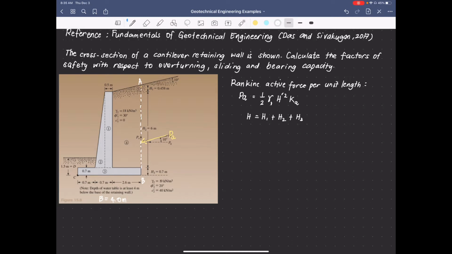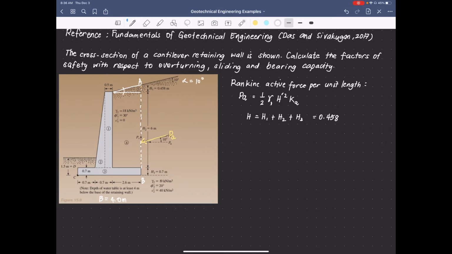H1 is given to be 0.458. If that is not given, you can actually calculate that because you are given this triangle and you have here an alpha equals 10 degrees.